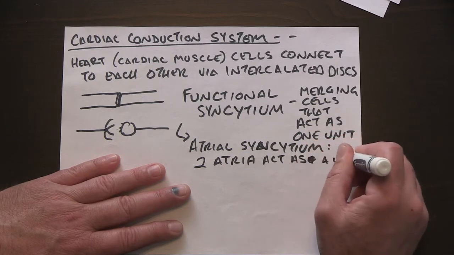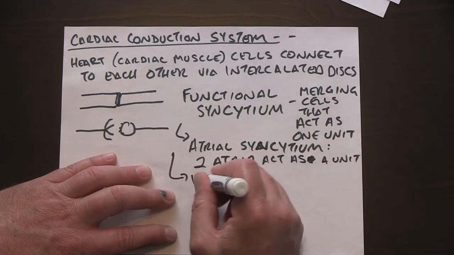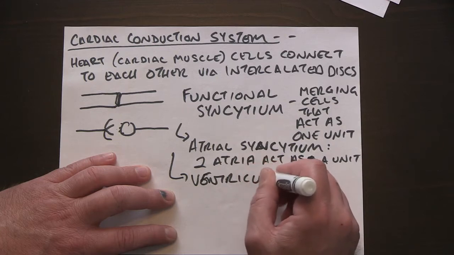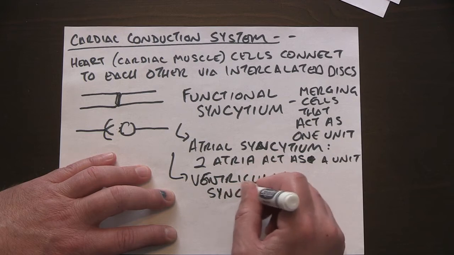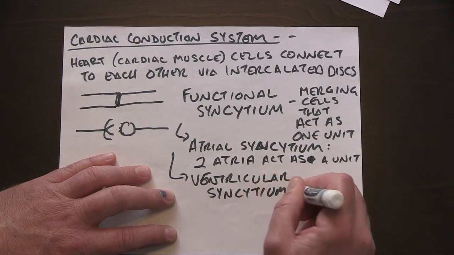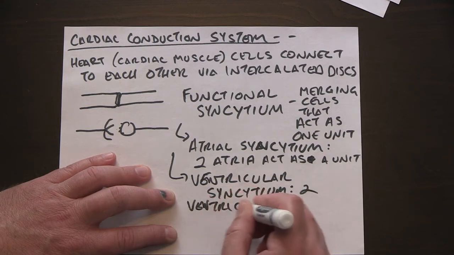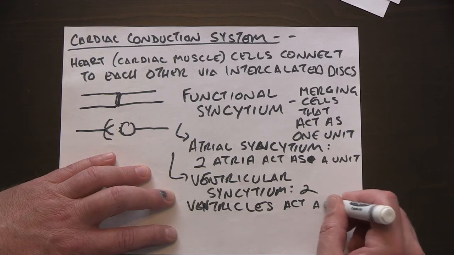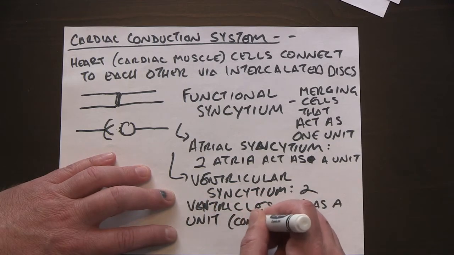And then likewise, the ventricles contract at the same time too, so they're known as the ventricular syncytium. The two ventricles act as a unit and therefore contract at the same time.